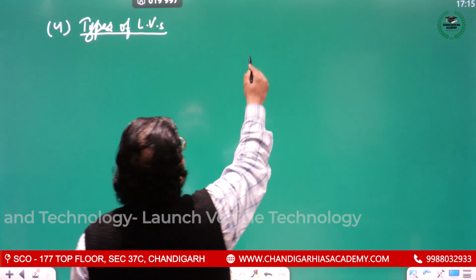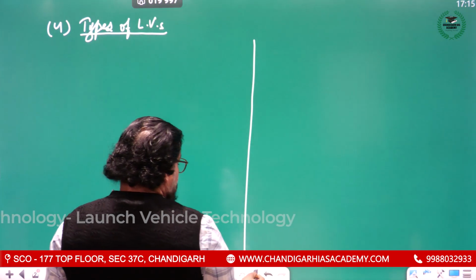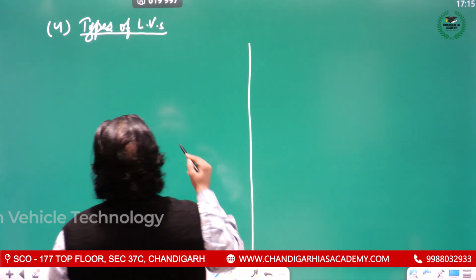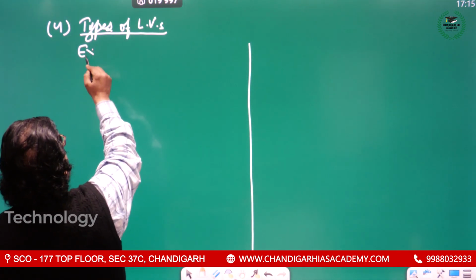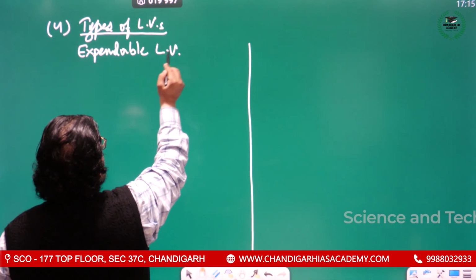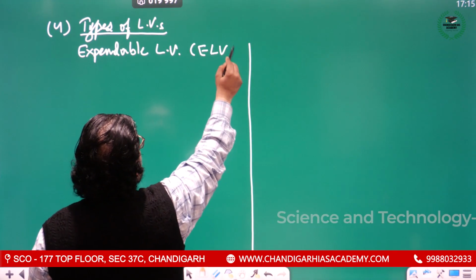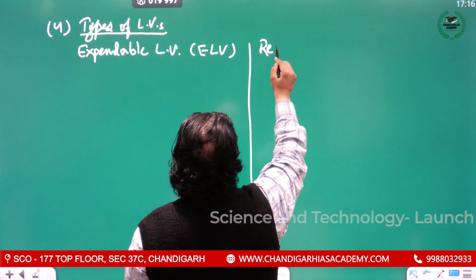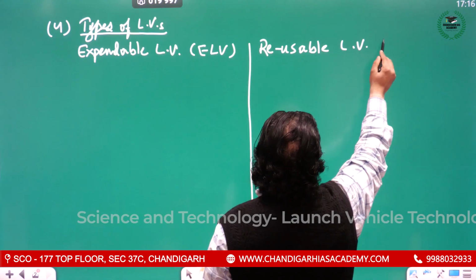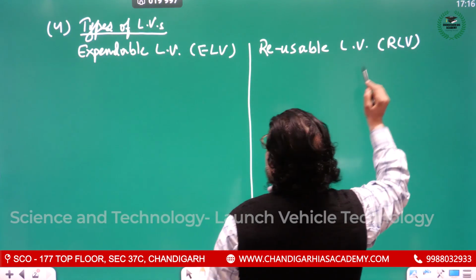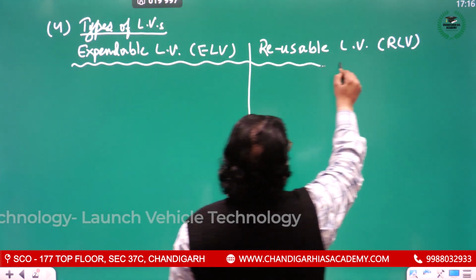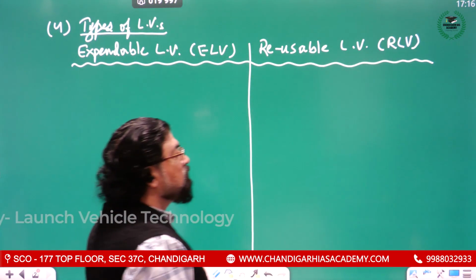The first category is called ELV, expendable launch vehicle, and the second is reusable launch vehicle, RLV. Expendable launch vehicle, reusable launch vehicle, ELV and RLV.